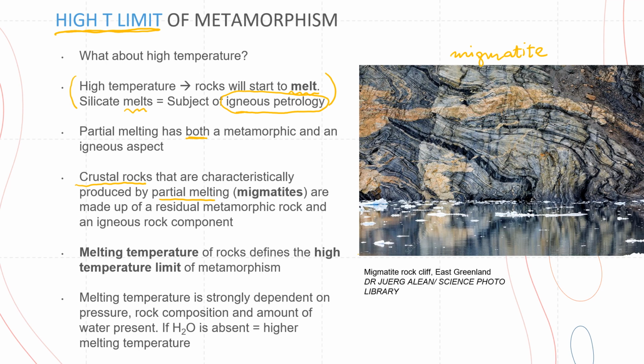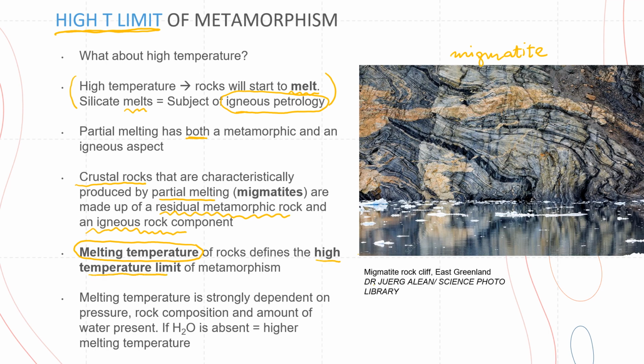So it's made up of residual metamorphic rock. So it has a metamorphic component and an igneous rock component due to the partial melting. So, in other words, the melting temperature of rocks defines the high temperature limit of metamorphism.